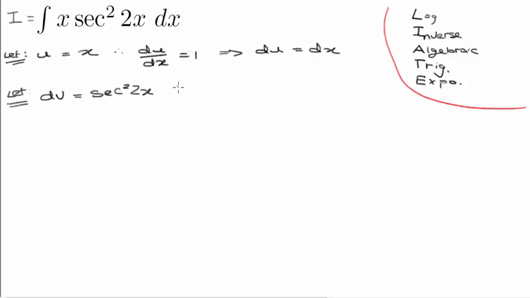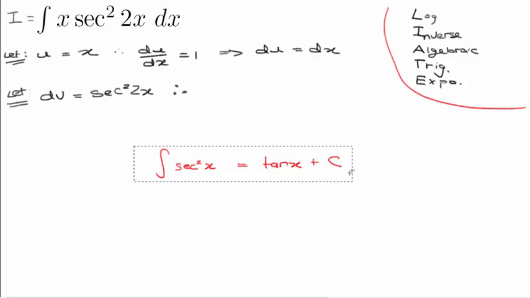One identity that you have to know is that if we integrate sec squared of x, that's going to be the tangent of x plus a constant of integration at the end. That's an identity that you should all know.